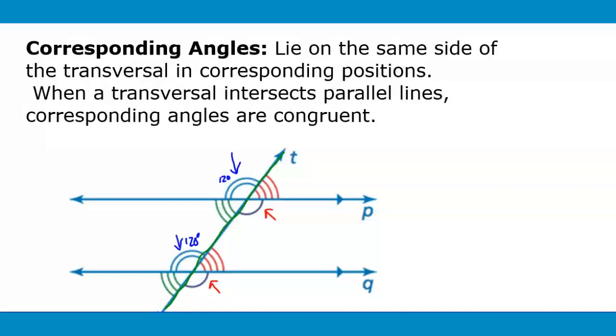And we also see that the green ones here, they lie both below but to the left of the transversal, and the red ones to the right of the transversal but above those parallel lines. All of those are corresponding angles. So corresponding, they will be congruent to each other. Now the blue one here is obviously not congruent to the red ones, but the red ones are congruent to the other red ones because they lie in that same position.